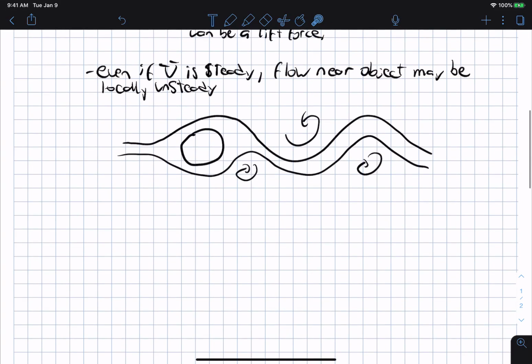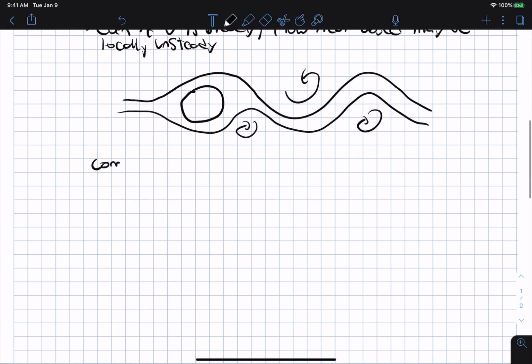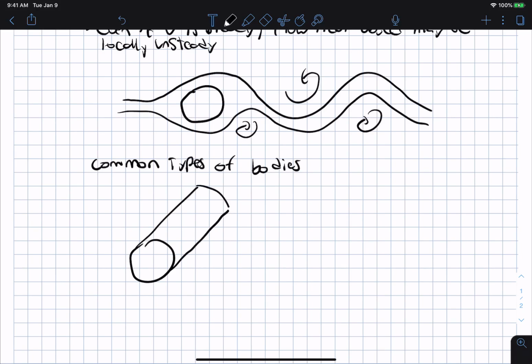Okay? And so there are common types of bodies. There are two-dimensional objects, which are basically rods of some cross-section, and the flow usually goes over and around them.